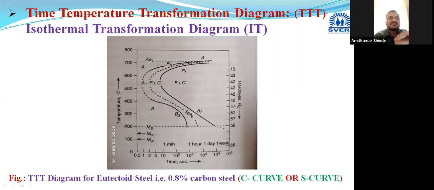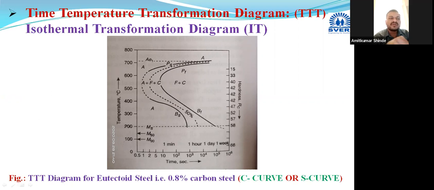Then bainite start temperature, bainite finish temperature. And similarly, from checking the different microstructures of different samples, we will be able to find out the martensite formation start temperature, martensite formation finish temperature.